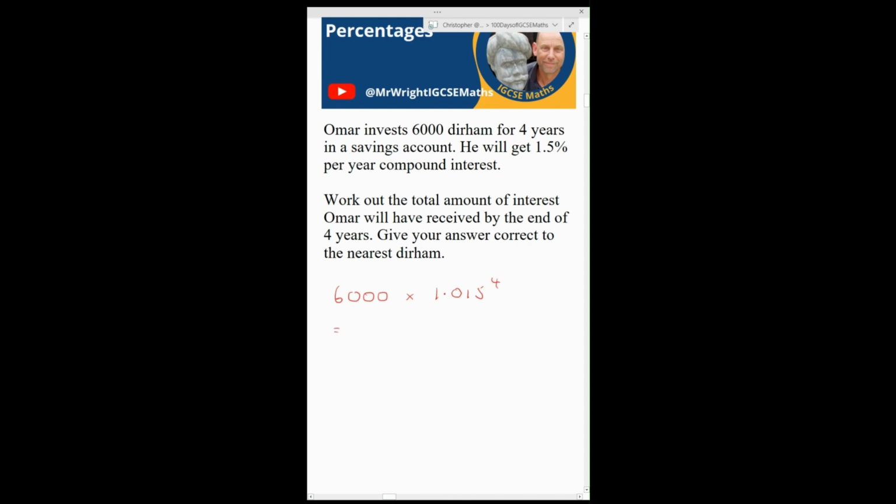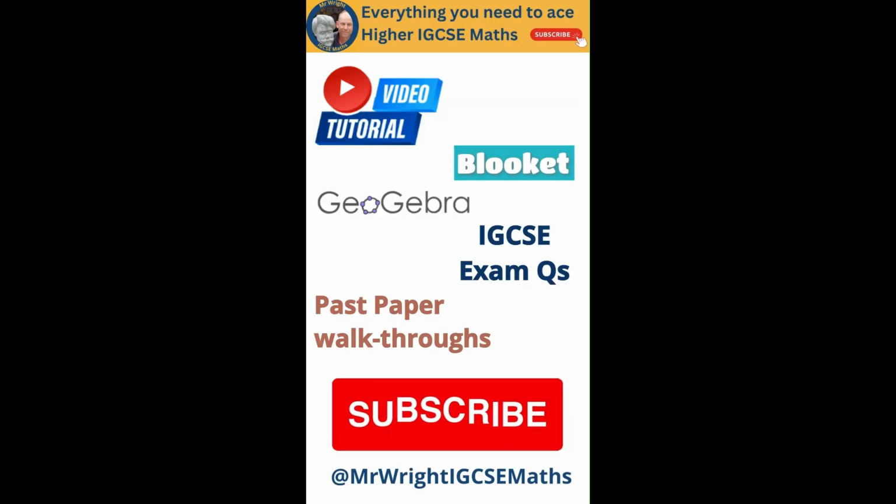So at the end of the 4 years, he's going to have, according to my calculator, 6,368.18 and so on dirham. But be careful, because the question asks us to work out the total amount of interest. So the amount of interest is just the 368 dirham to the nearest dirham.